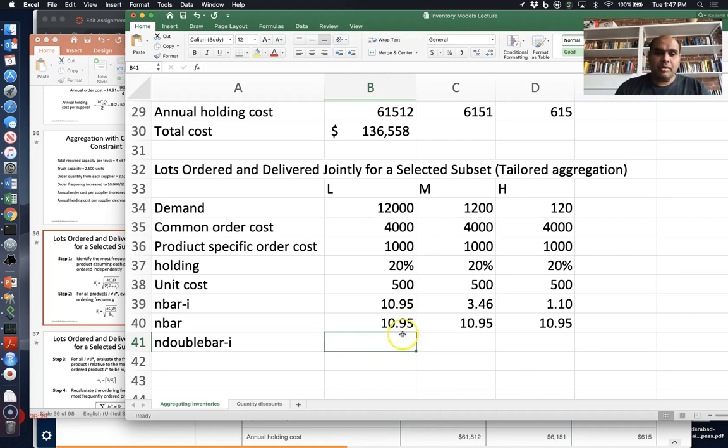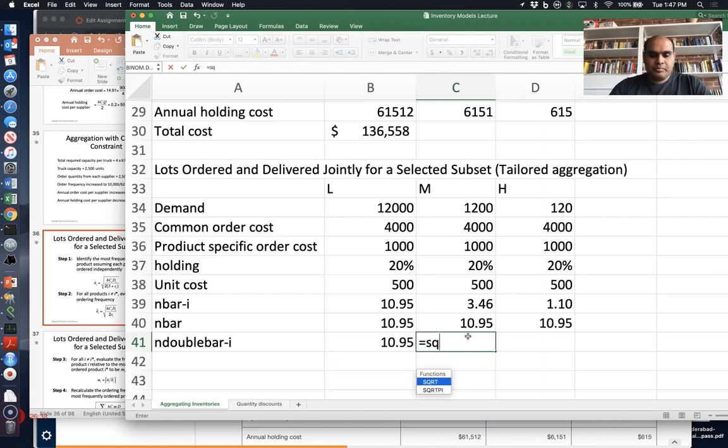It will be the same. But here it is going to be the square root. This time, because we are ordering it with the most frequently ordered item, we don't have to worry about the common ordering cost.